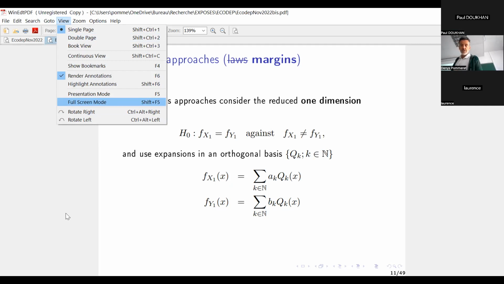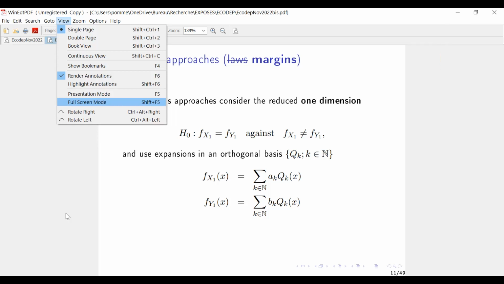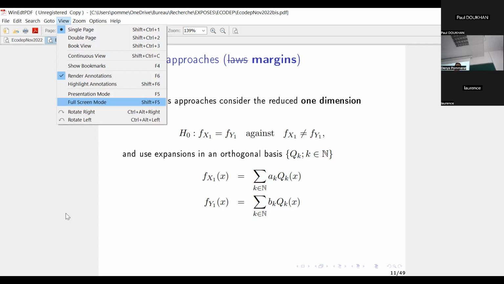Then we change the hypothesis H0 and we transform it into a kind of parametric hypothesis, but with an infinite number of equalities. These are the coefficients associated to the projection of the densities that we want to compare. We can estimate such coefficients empirically. So I show you the form of these estimators.